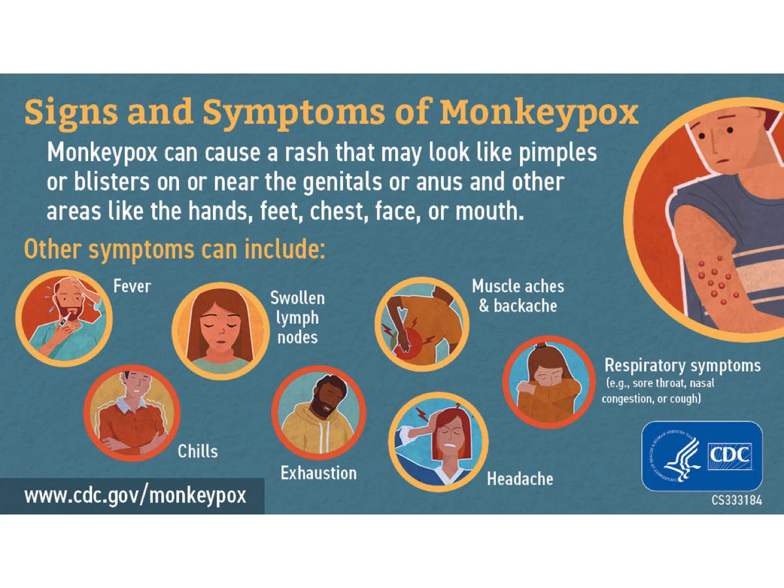Monkeypox can cause a rash that may look like pimples or blisters on or near the genitals or anus and other areas like the hands, feet, chest, face, or mouth. Other symptoms can include fever, swollen lymph nodes, muscle aches and backache, chills, exhaustion, headache, and respiratory symptoms.